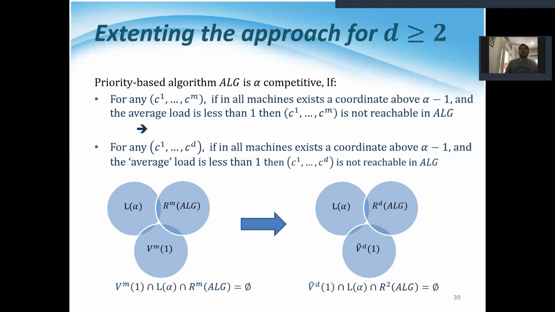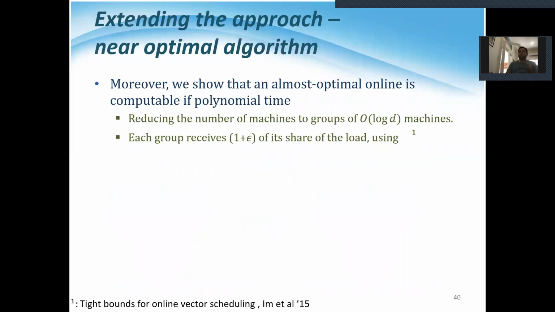So this is a very useful technique that works for any priority-based algorithm. And finally, we took this approach and extended it beyond priority-based algorithms, and showed that using this robust approach, we can achieve a near optimal algorithm.